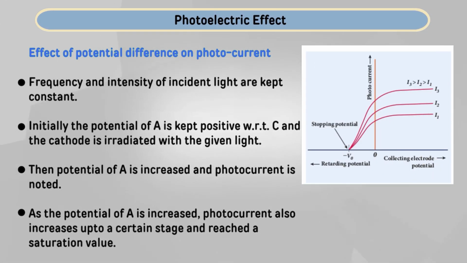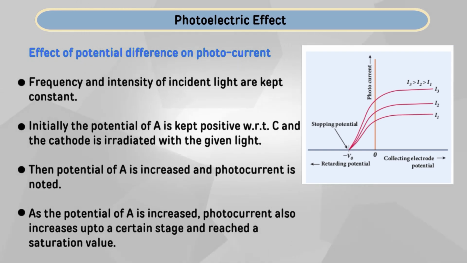Then the second one is the effect of potential difference on the photocurrent. Here we have three variables: frequency, intensity and potential difference. To observe the effect of one particular variable, we have to fix the other two. So, we fix the frequency and intensity of incident light, and initially the potential of A is kept positive with respect to C and the cathode is irradiated with the given light.